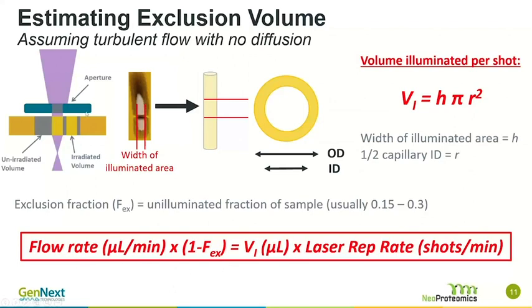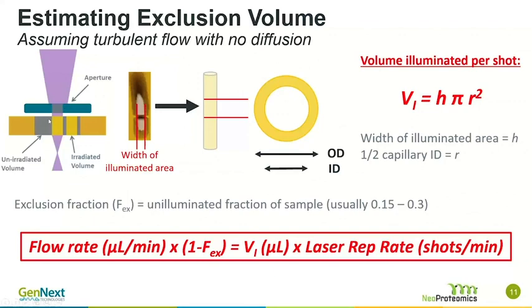And this is where the aperture, one of those helpful accessories I told you about, really comes into play. If you don't have this aperture, then anytime you change the focal plane of your lens or you change the energy of your pulse, you're going to change the width that's being illuminated. And so you have to recalculate every time you change any of the parameters about your laser. But if you use this aperture, you can silhouette the laser beam that's impinging upon the capillary.